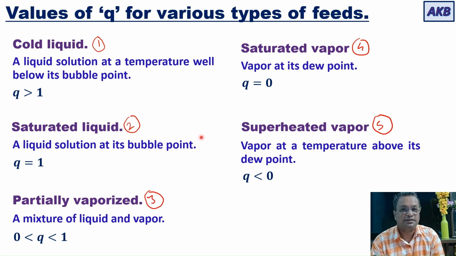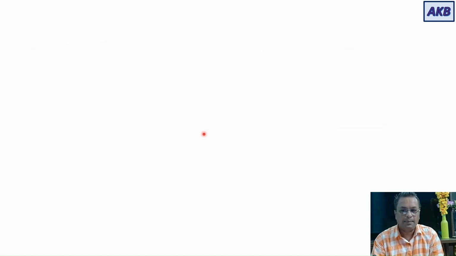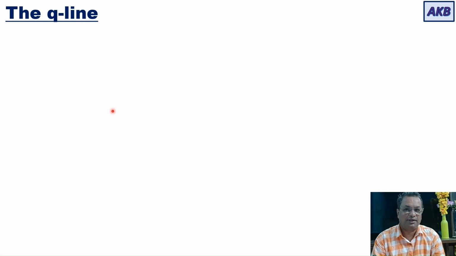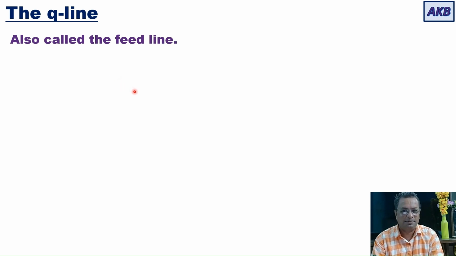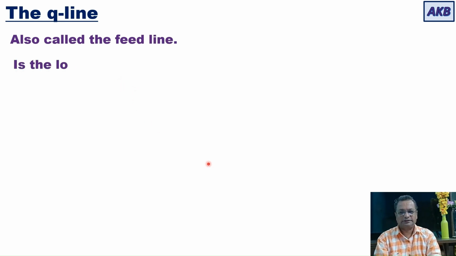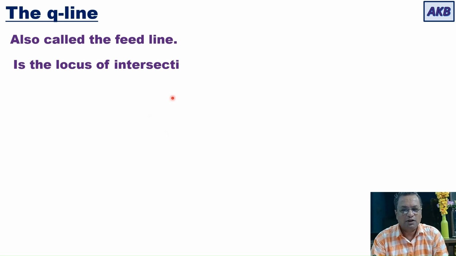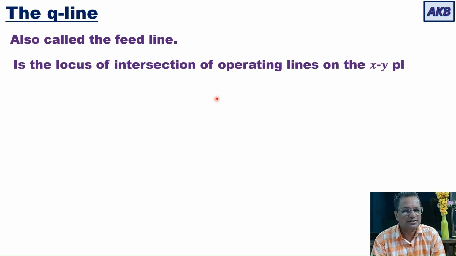Okay, now let us continue further. Now let us know what the Q line is, or this is also called the feed line. So what is this? It is the locus of intersection of operating lines on the XY plot.